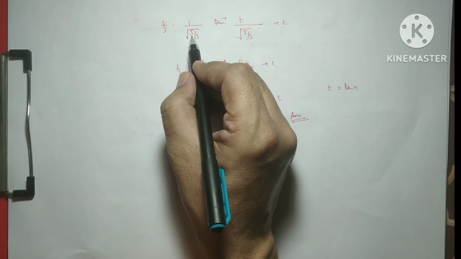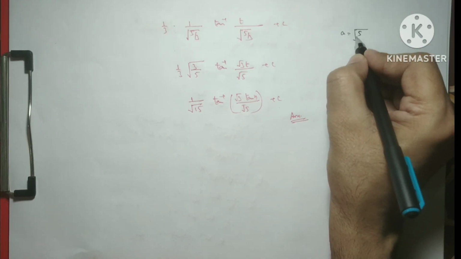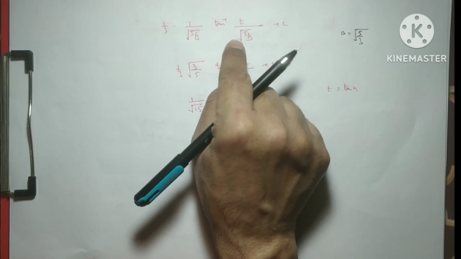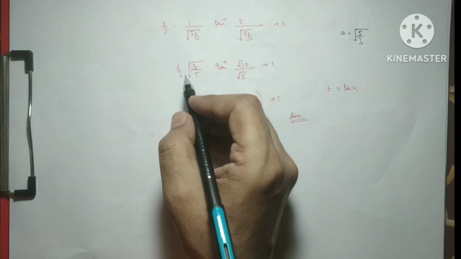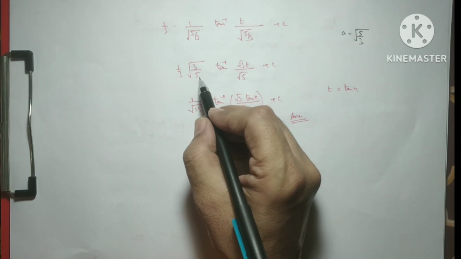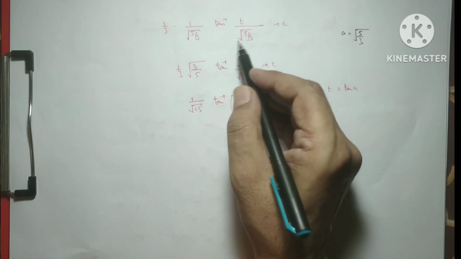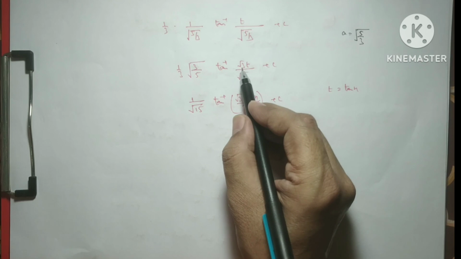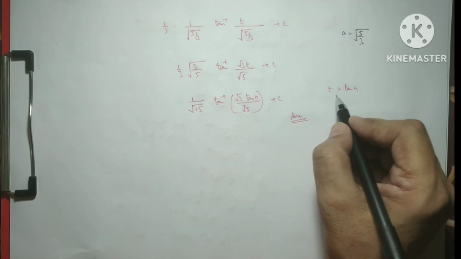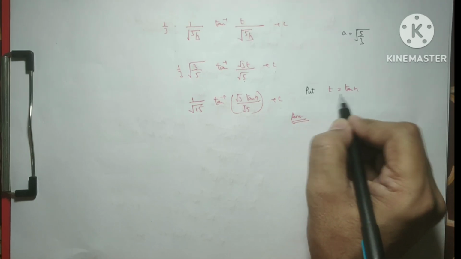So a is root 5 over 3, so it is 1 over a tan inverse t over a, and this is 1 over 3, and this will be reciprocal, root 3 over 5, and tan inverse again this is also reciprocal, root 3 t over root 5, and again we put t as tan x.